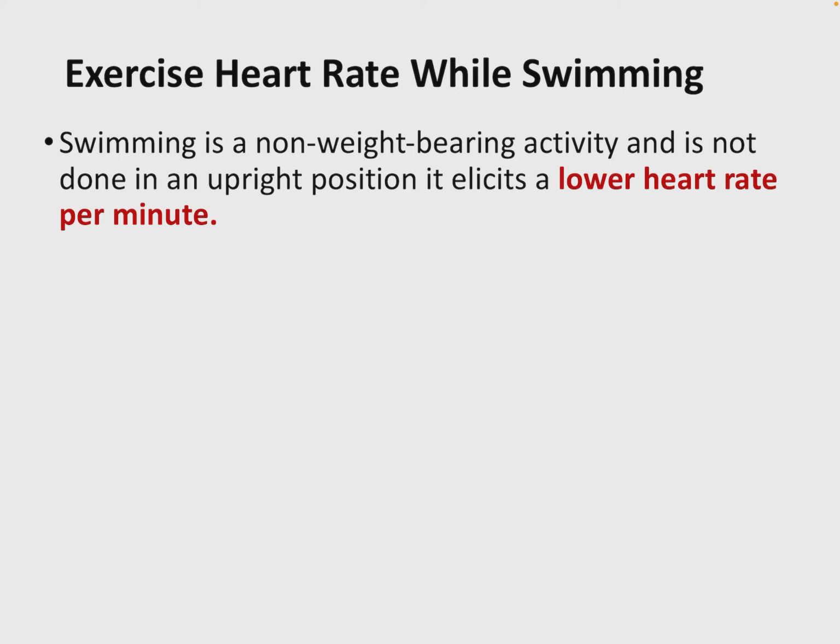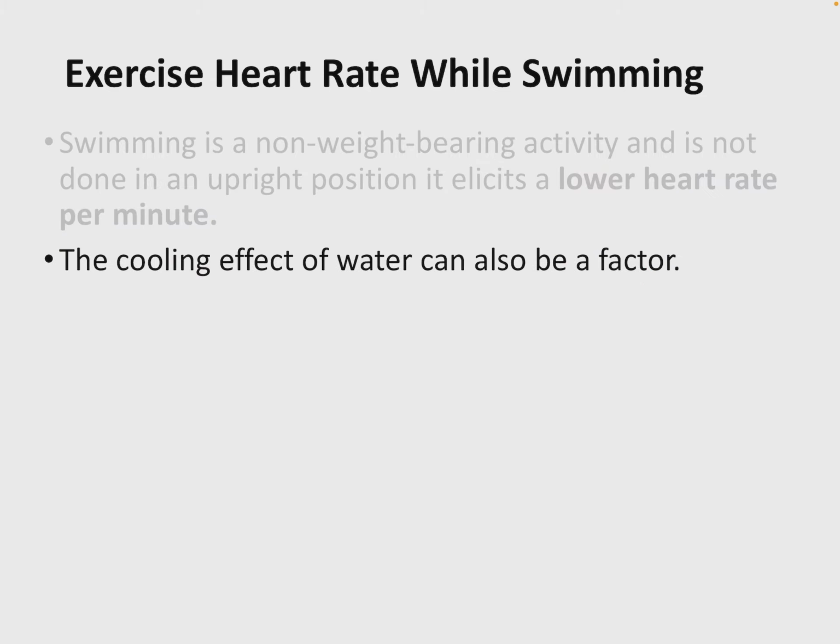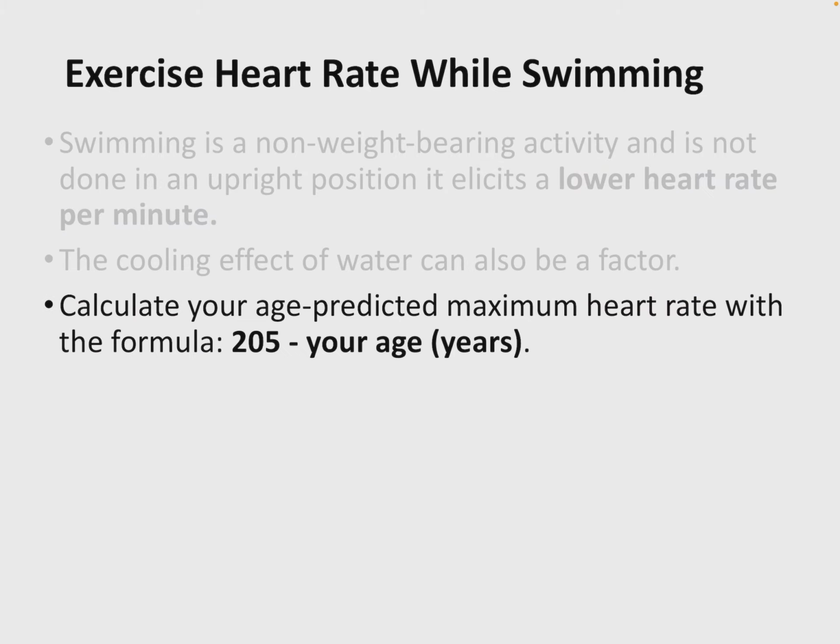When we're submerged in water, we lose body heat a lot quicker, about 25 times faster than if we're in air. So we don't have to pump our blood to the surface of the skin to release heat, so that requires less energy. So the formula that they use for predicting your max heart rate for swimming is, instead of 220 minus your age, they use 205 minus your age.